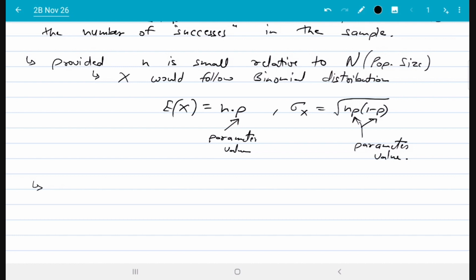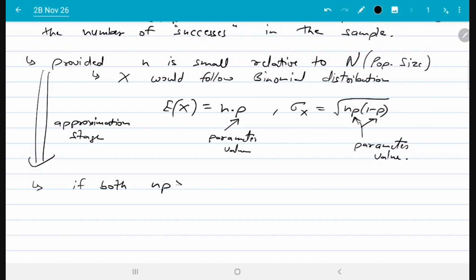Okay, now we move to the approximation stage. If both n into p is greater than 10 and n into p into 1 minus p is greater than 10, and n is sufficiently large. Okay, we discussed these things in the section on binomial.